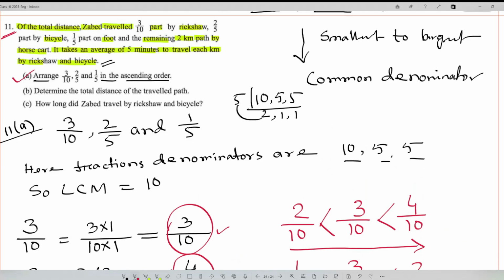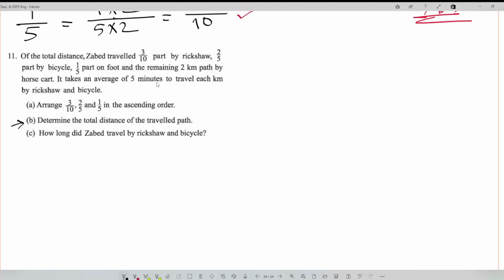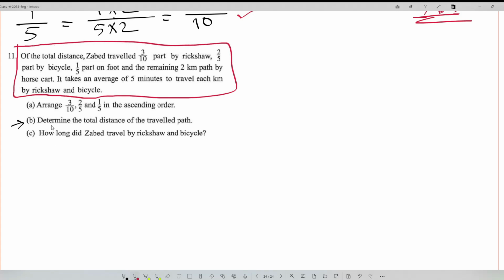Now number B. Again we go back to the description we already read. It asks to determine the total distance of the traveled path, meaning how much distance Javed traveled. This is 11b.